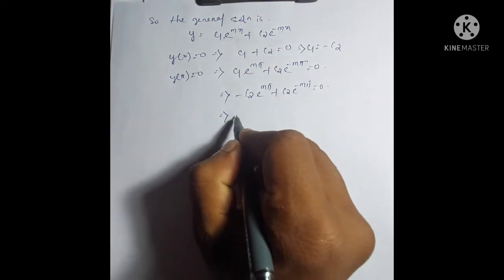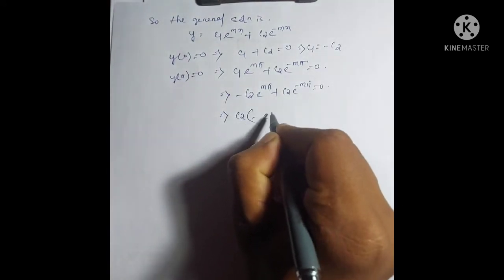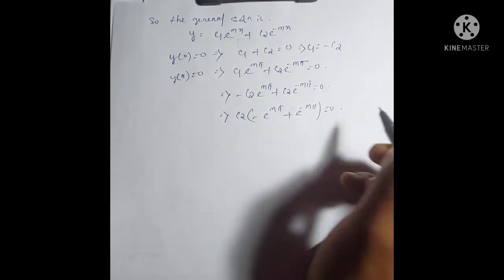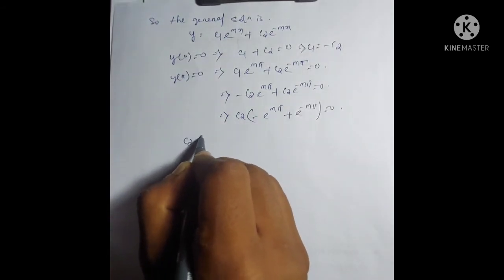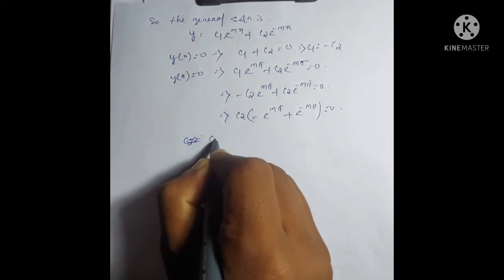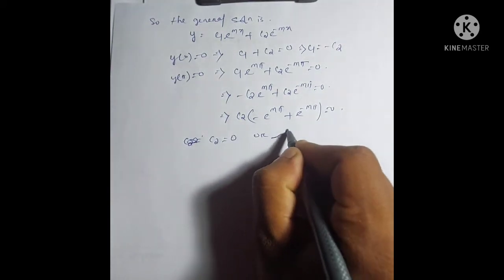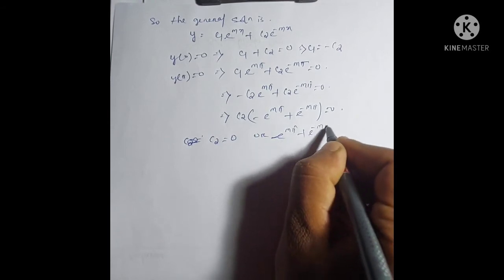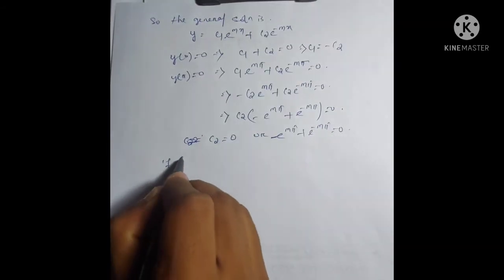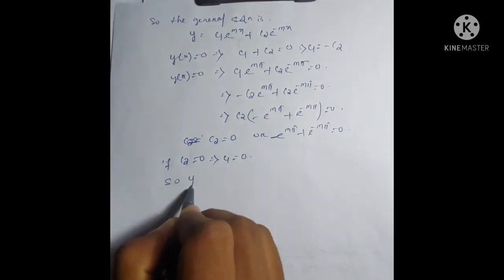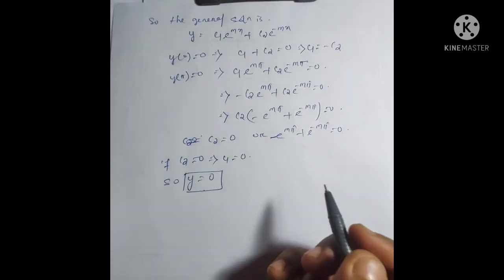This implies that c2 into minus e to the power m pi plus e to the power minus m pi is equal to 0. Now either c2 is equal to 0 or minus e to the power m pi plus e to the power minus m pi is equal to 0. If c2 is equal to 0, then c1 is also 0, so y is equal to 0, a trivial solution.